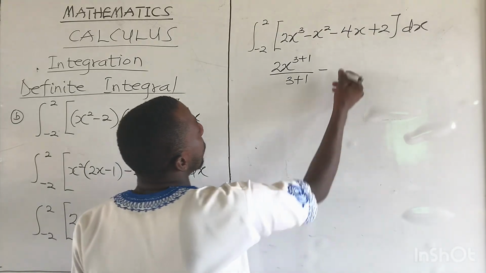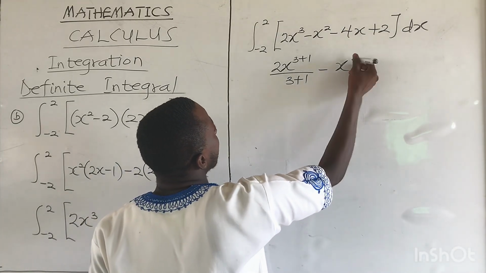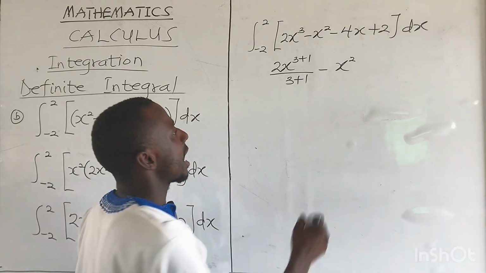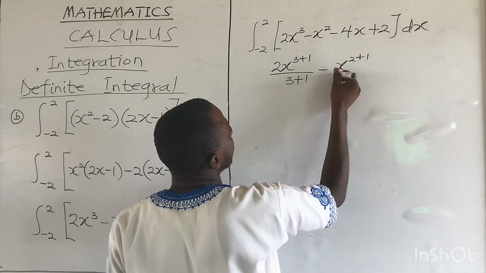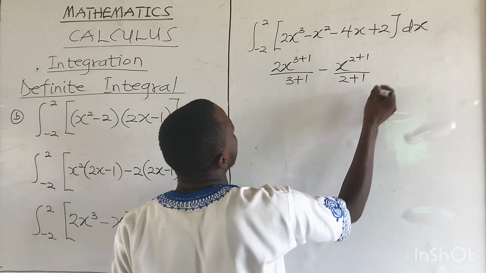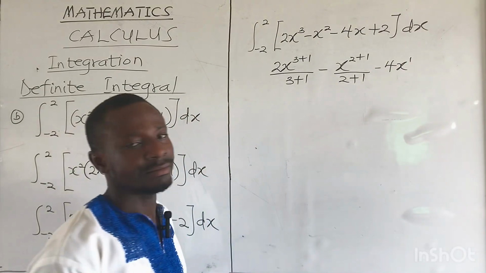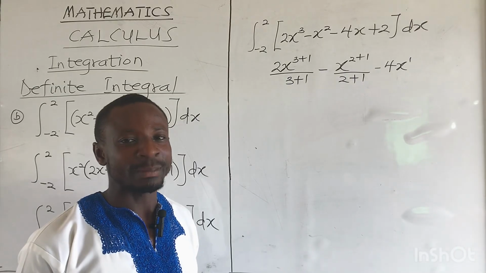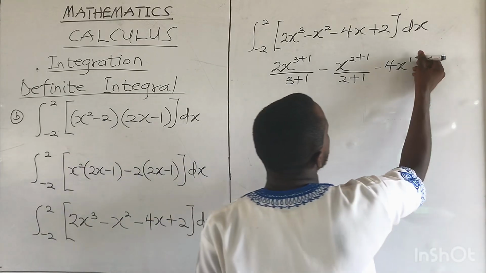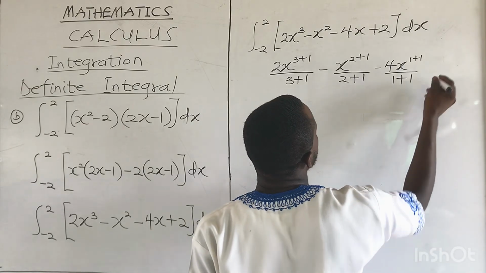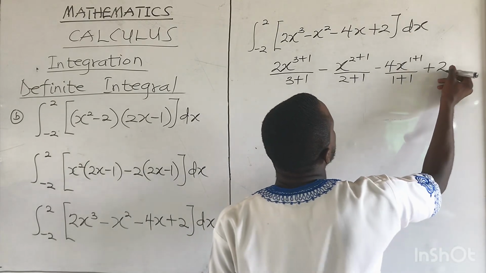Minus, I have x squared here, and when integrating x squared, I am still going to add 1 all over 2 plus 1. Minus 4x, exponent 1, so over here I am still going to add 1 again, so plus 1 all over 1 plus 1, plus 2.